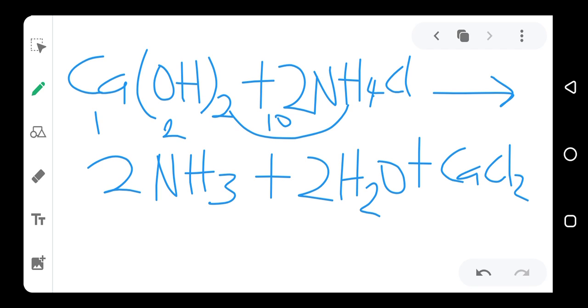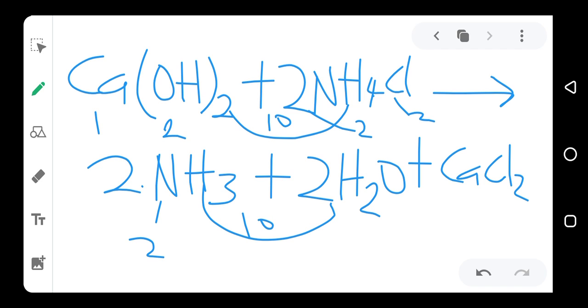For nitrogen, total of 2. And for chlorine, total of 2. The same thing here. For nitrogen, total of 2. For hydrogen, total of 2 times 3, which is 6 plus 4, total of 10.